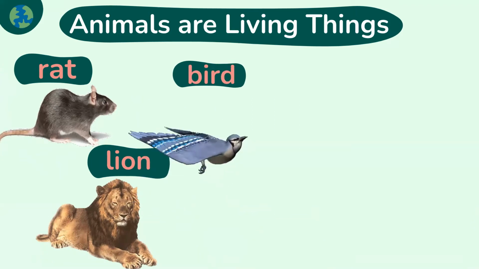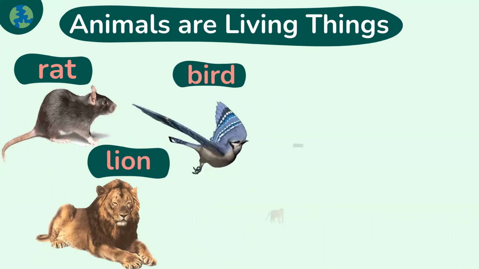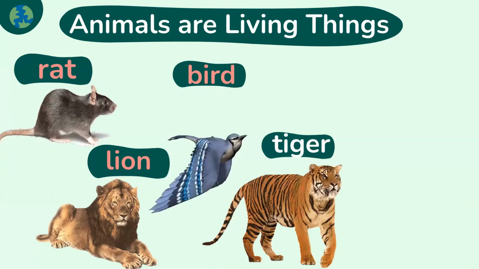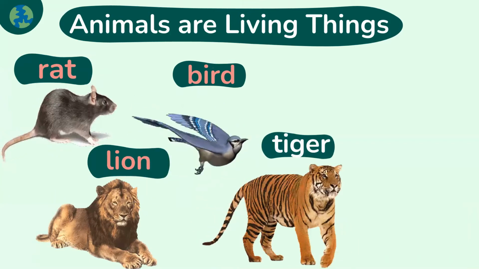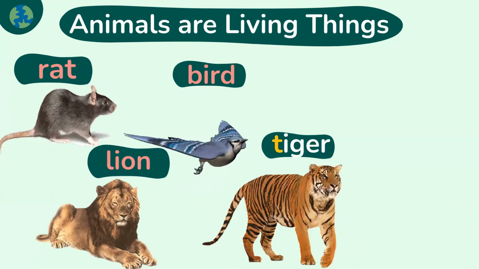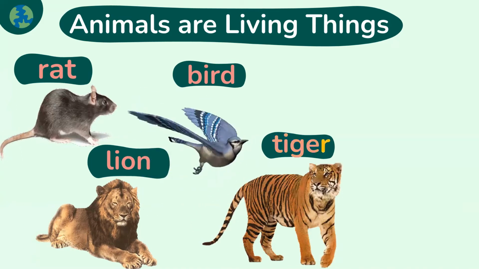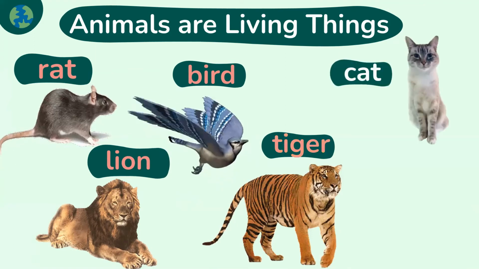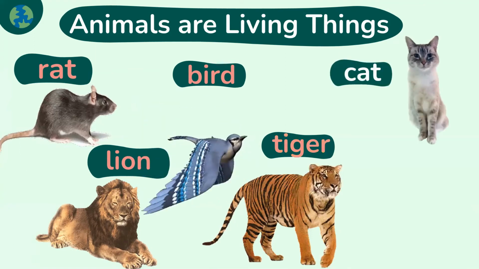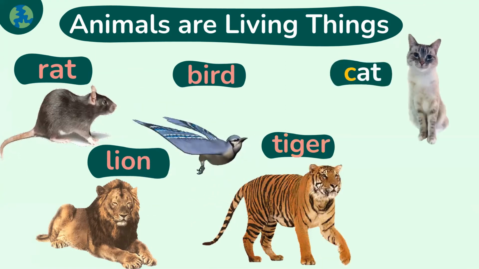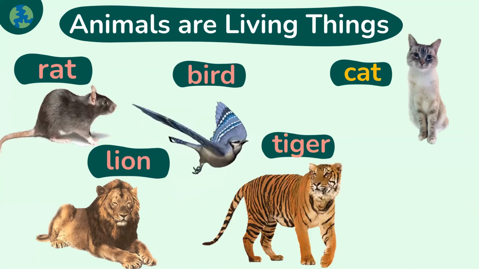Another example is tiger. Can you spell tiger? T-I-G-E-R. Tiger. We also have cat. Let's spell the word cat. C-A-T. Cat.